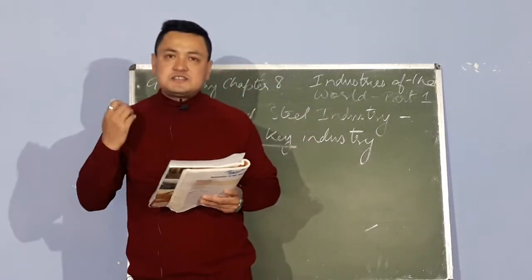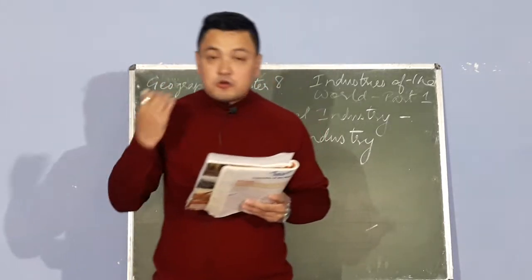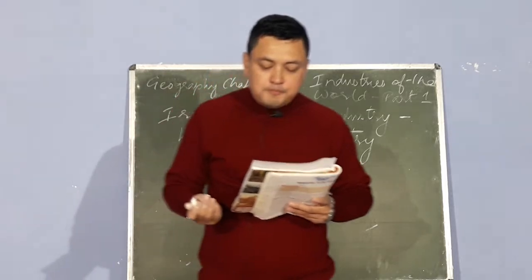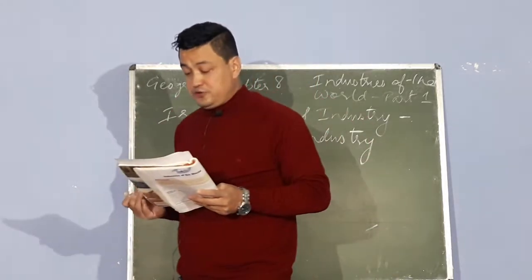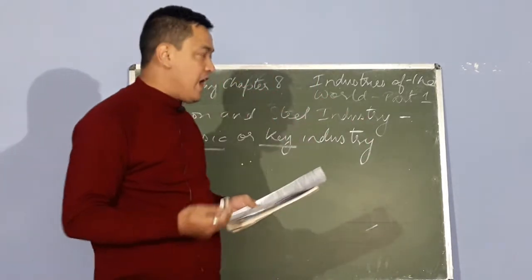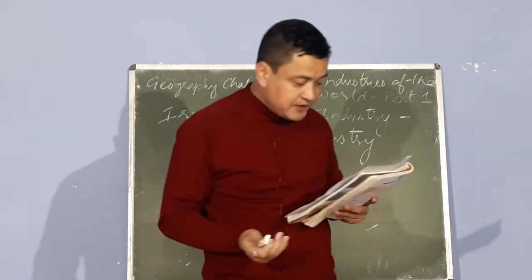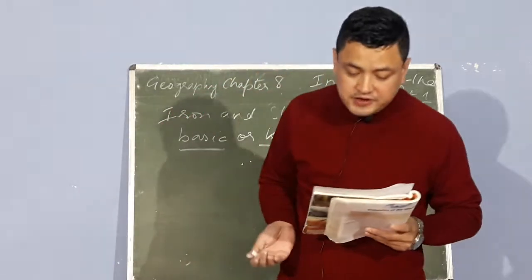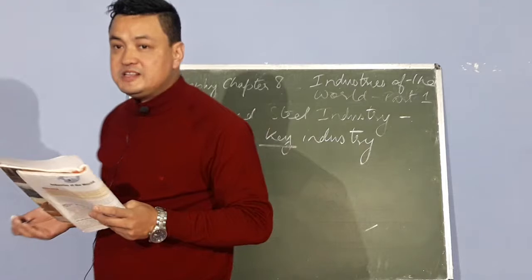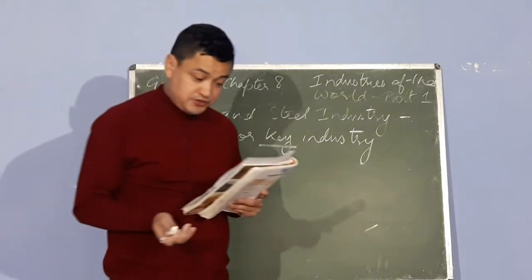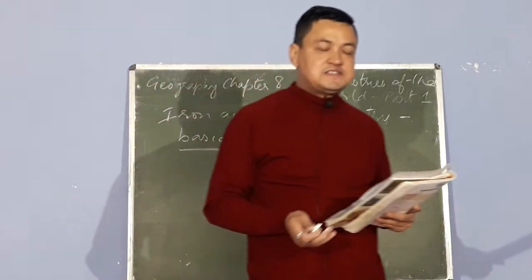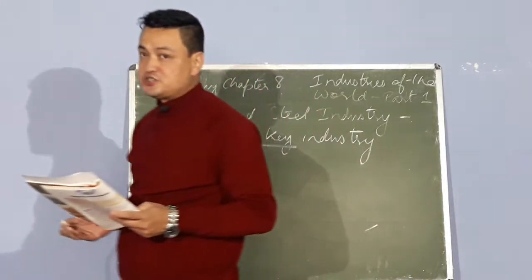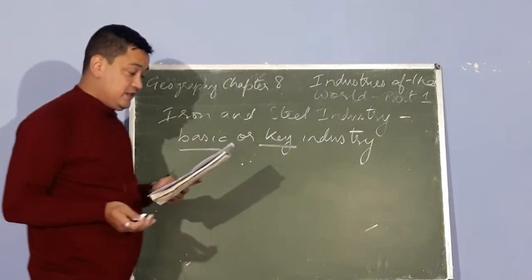Because this iron and steel industry supplies raw material, primarily in the form of machineries as well as in the form of iron, for other industries such as engineering, electronics, automobiles and shipbuilding industries. They are basically subsidiary industries which depend on the iron and steel industries.